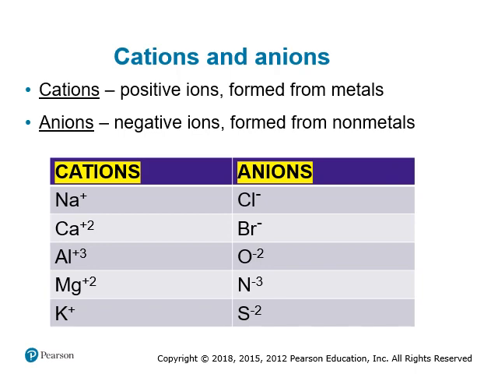Metals tend to lose electrons, which means that they will have more protons than electrons when ions are formed. Nonmetals tend to gain electrons, which means that they will have more electrons than protons.